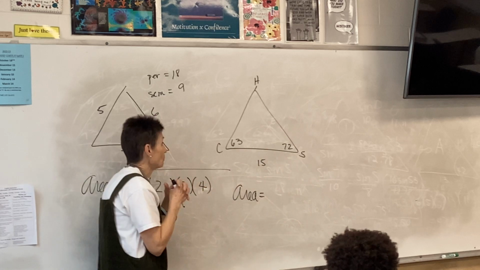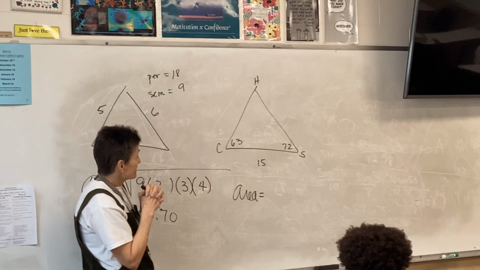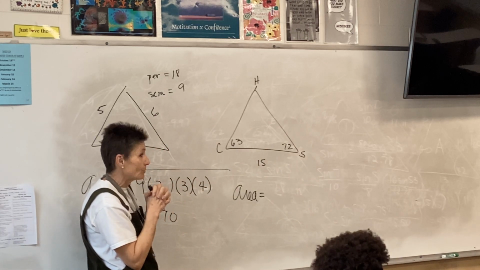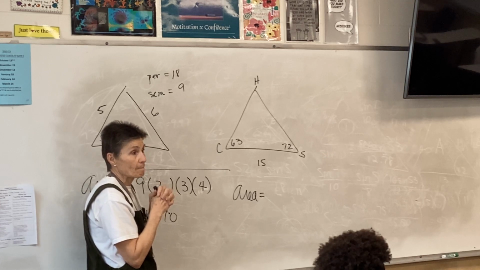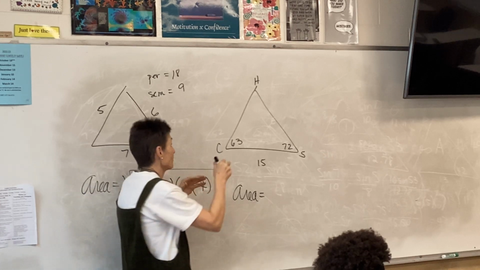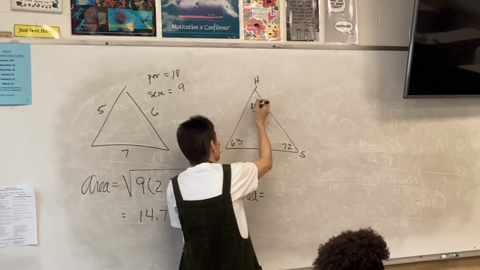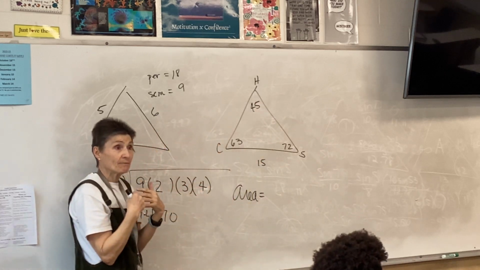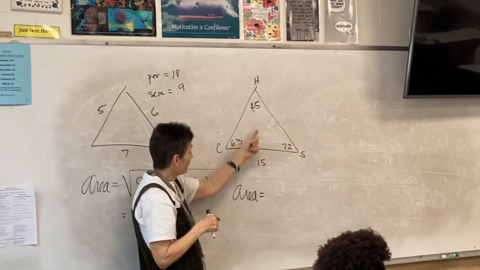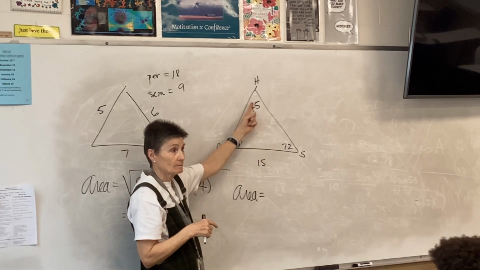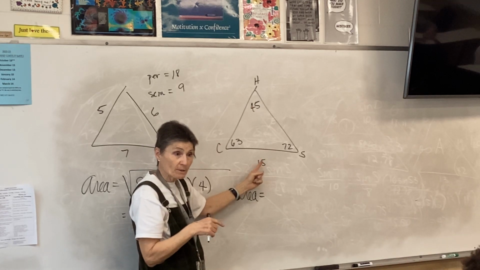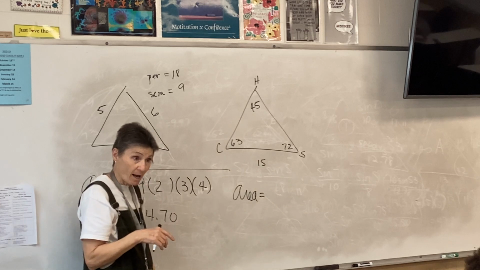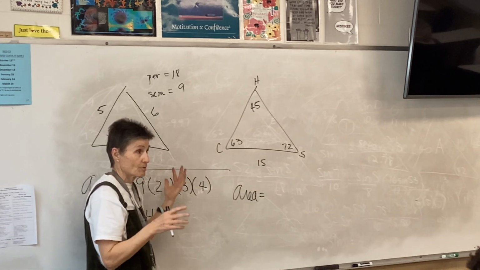Alright, let's take a look at what we've got. Does anything occur to you when you look at that? The other angle is 45. And that really makes my life good because look what I have now. So I'm going to do the law of sines to find another side.